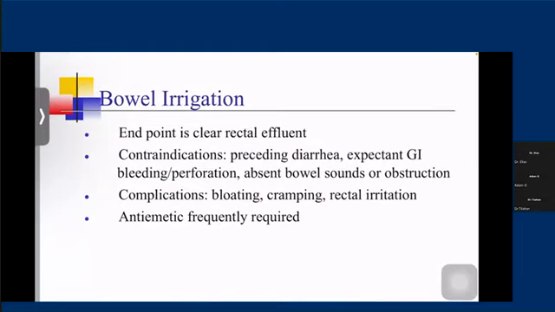The contraindications are preceding diarrhea, GI bleeding, perforation, absent bowel sounds, or obstruction; we don't do whole bowel irrigation then. Complications include bloating, cramping, and rectal irritation. Sometimes these patients also develop frequent vomiting, so we usually pre-medicate them with antiemetics.